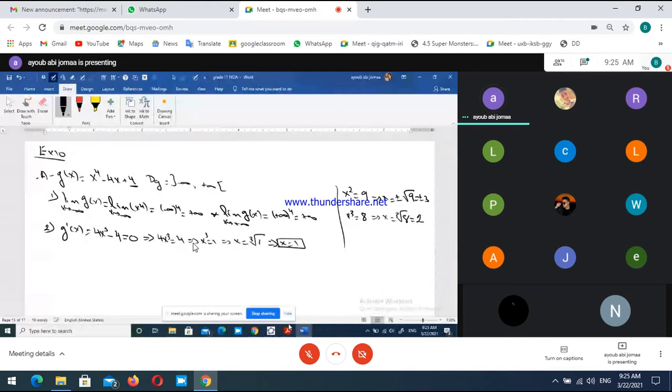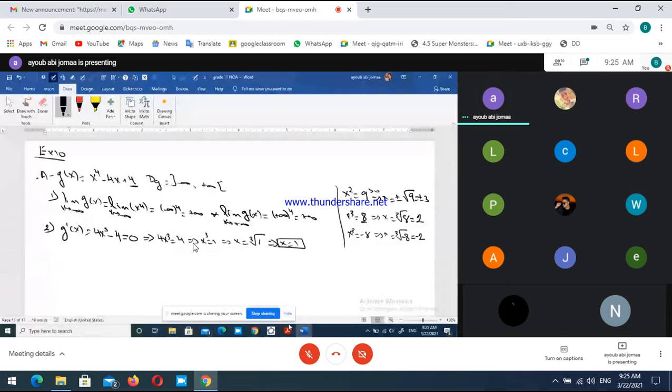Only one answer. For the cubic root, when you have an odd exponent, it doesn't need to be positive, it could be negative. For example the equation x power 3 equal negative 8, then x is equal to the cubic root of negative 8, which is equal to negative 2. It is possible. Of course these are ideas you studied in grade 10, but just to remind you.